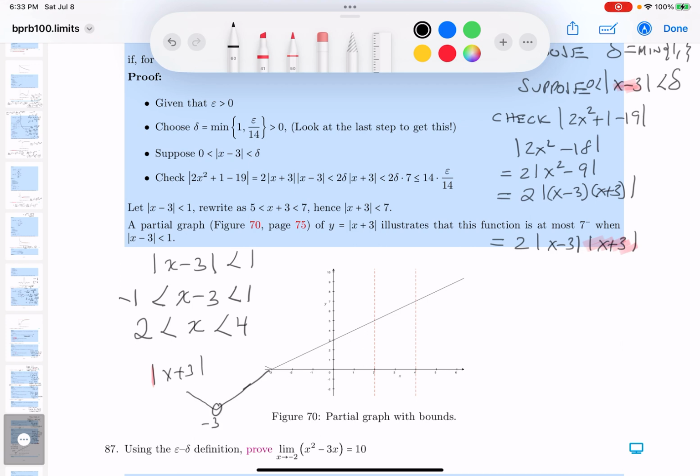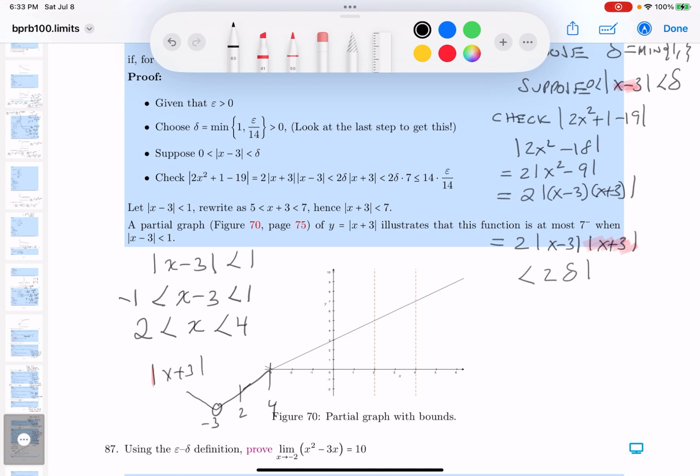So what do I know about this over here? Between 2 and 4, it'll take a maximum out at 4. And what would the maximum be? It would be 7. All right? So what I'm going to say over here, let's be careful about that. So I'm going to say that this will be, let's take a look, less than 2, x minus 3 is the delta, right?